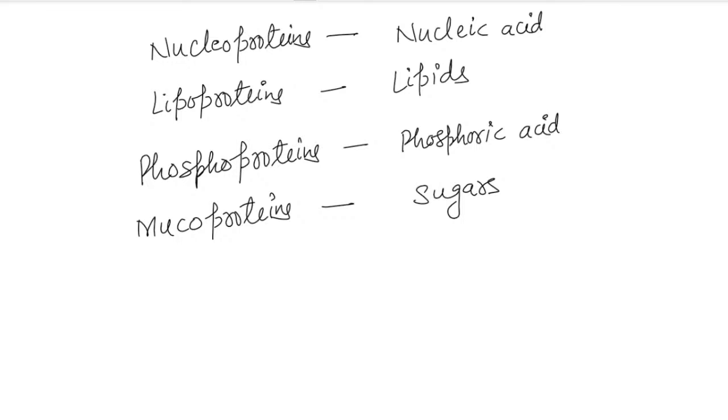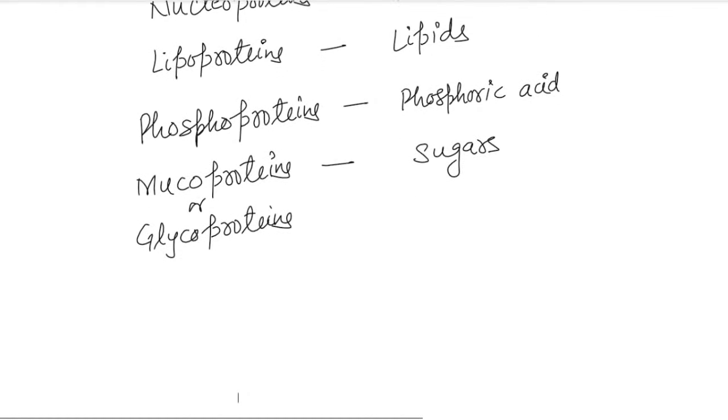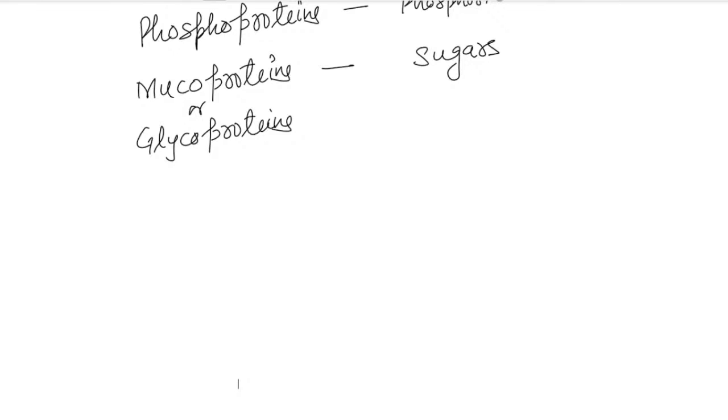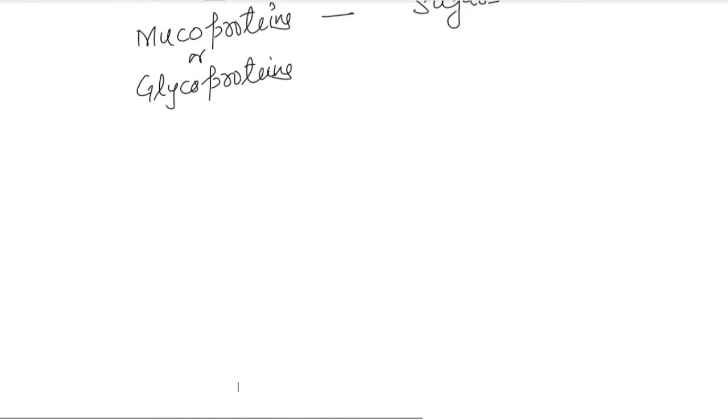That is also called glycoproteins. Even chromoproteins like hemoglobin and myoglobin, there is some coloring matter like protoporphyrin, the heme group.